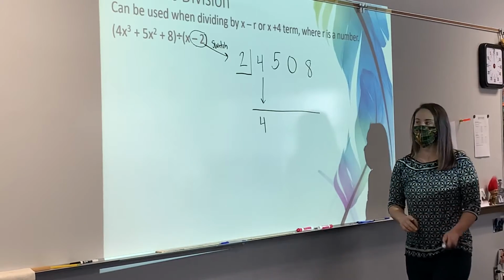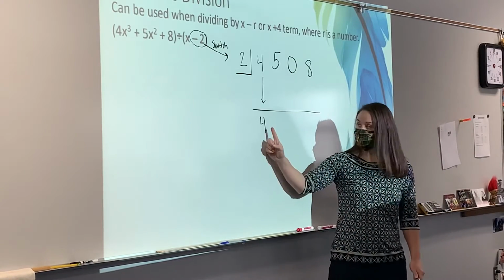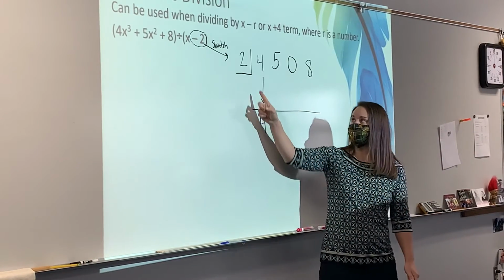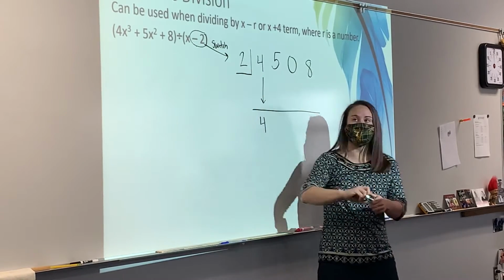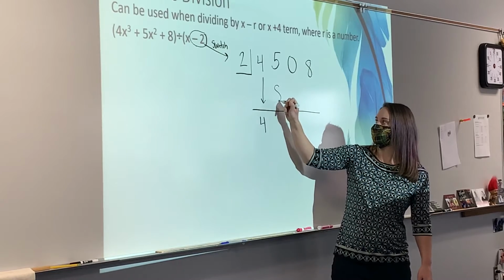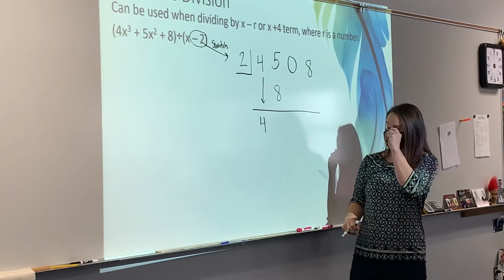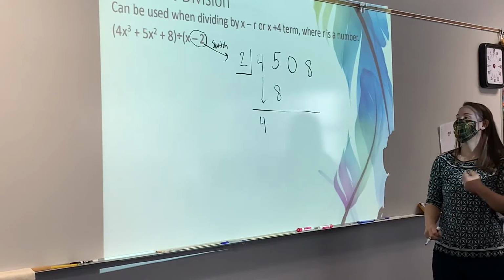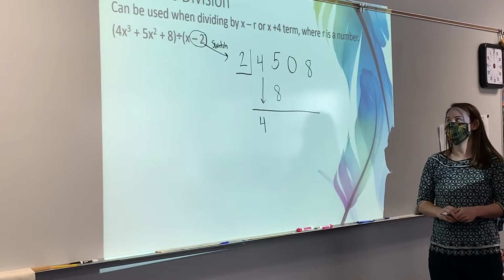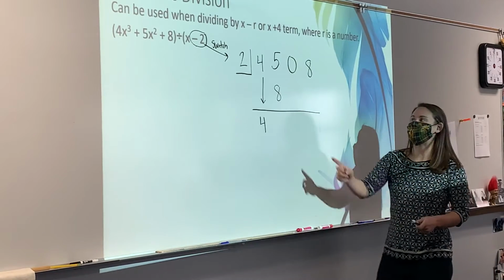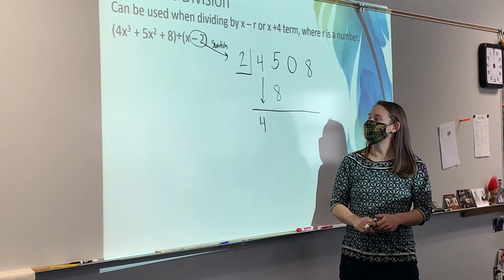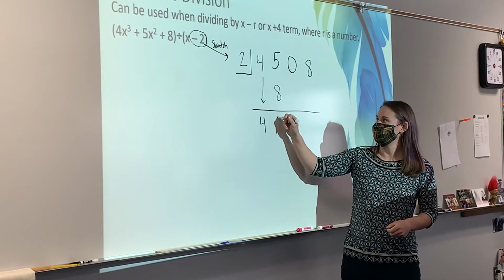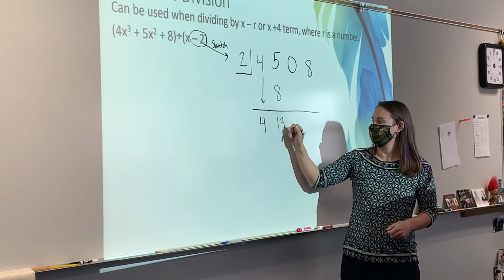Okay, next step is going to be to do 4 times the thing in your box, which is 4 times 2, which is 8. And I put that answer right here. Okay, now I add down. 8 plus 5 is 13. So I'm going to put a 13 here.